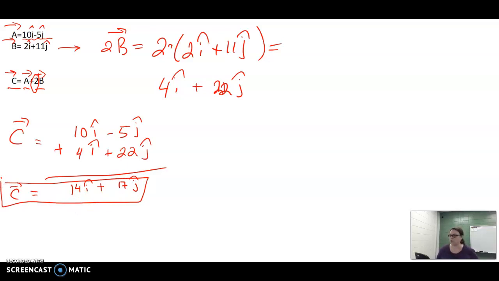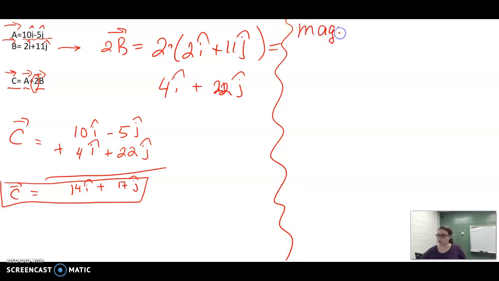Now, what if I want to find the magnitude of vector C and then the direction of vector C? So let me have some room over here. For the magnitude of vector C, what I really want to find is Cx squared plus Cy squared, and take the square root of that.